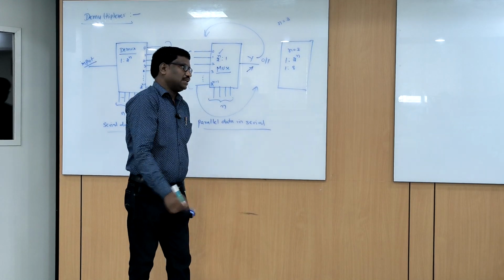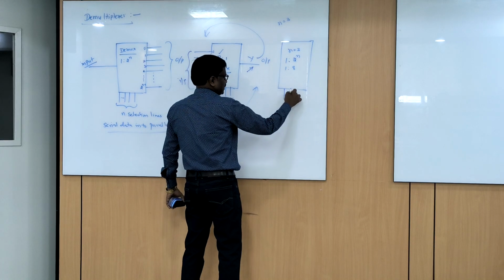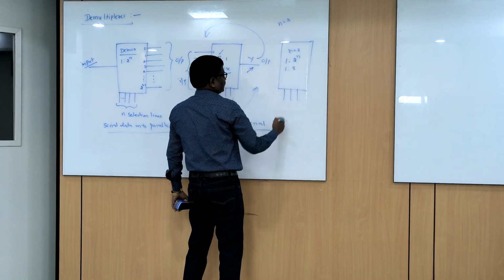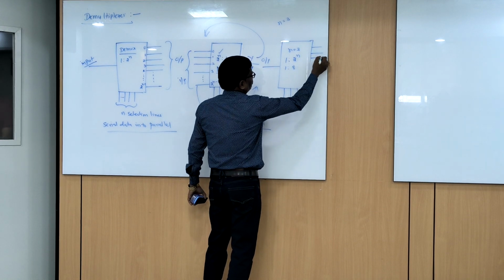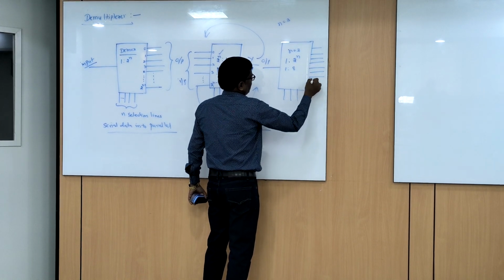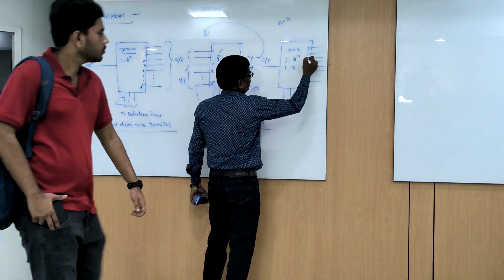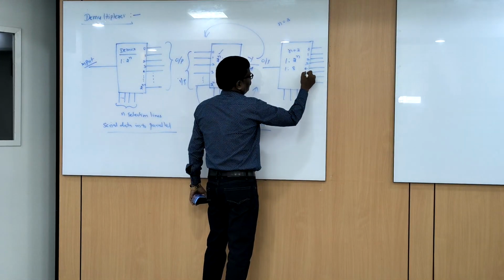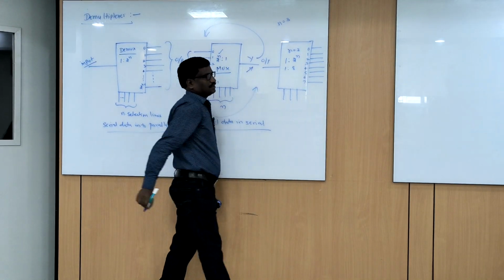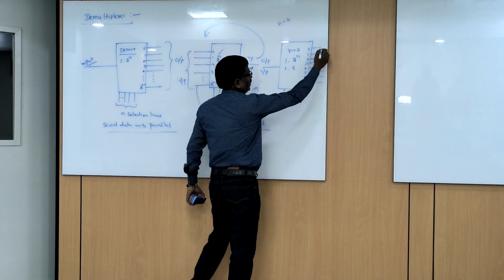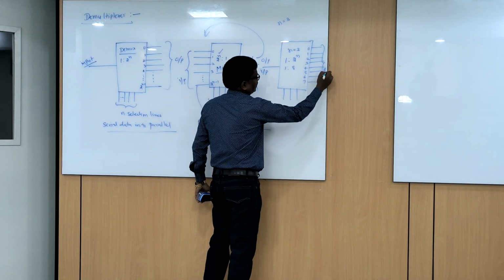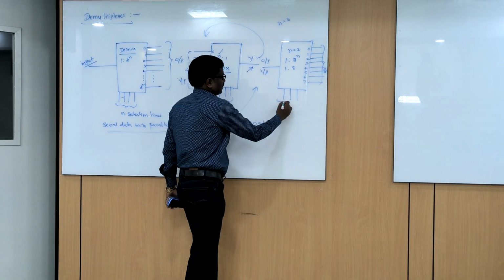In 1 to 8, there will be 3 selection lines because n is equal to 3. There is only one input and there will be 8 outputs, 0, 1, 2, 3, 4, 5, 6, 7. This is your input for sure, these are your outputs, and these are the selection lines.